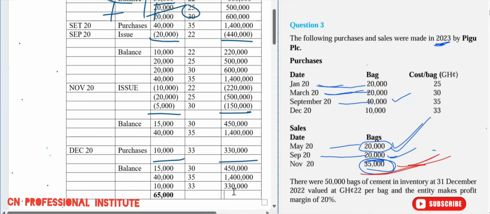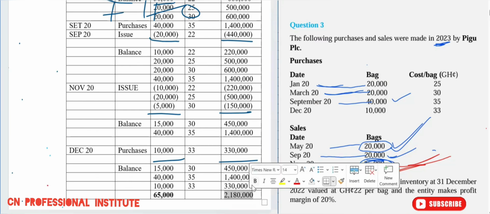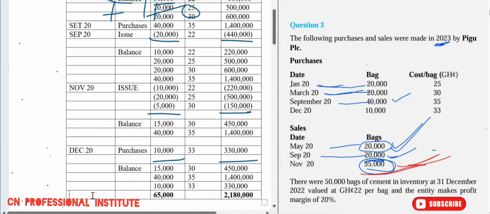Here, you get 2,180,123. Okay, let me bring a comma. 2,180,000. Okay, so that is that.